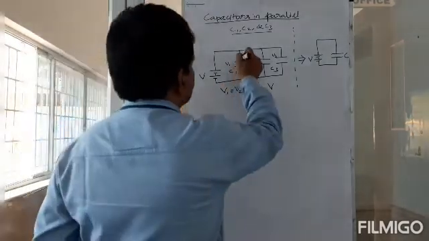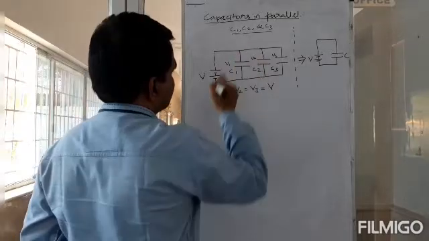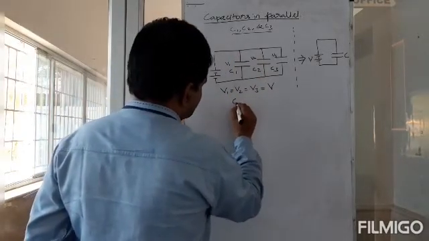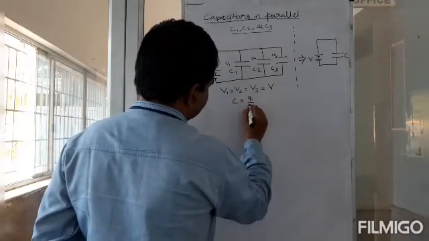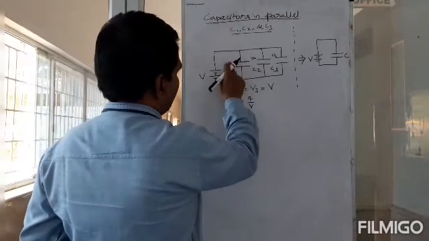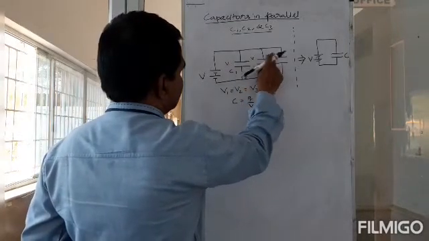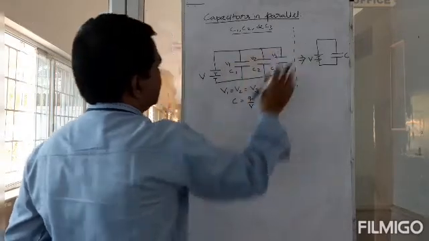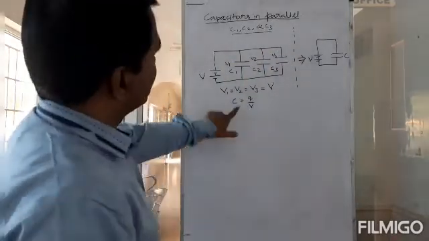What would be the charge here? The charge on this capacitor. We know that C is equal to Q by V, right? So V is the same for all of them, so I'm going to have V throughout. Okay, and just keep it here for the time being.